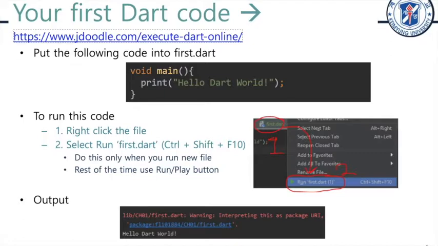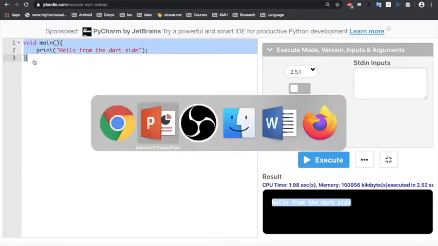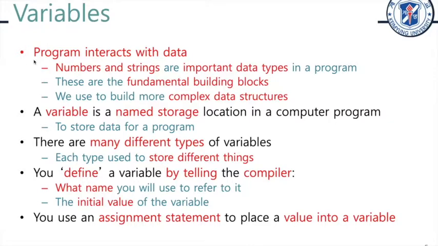Whatever you write here, just save it in any text editor, Notepad or Notepad++, and give it a name such as first.dart. When you write a program, your program will interact with data. Say you want to register the phone numbers of your friends.